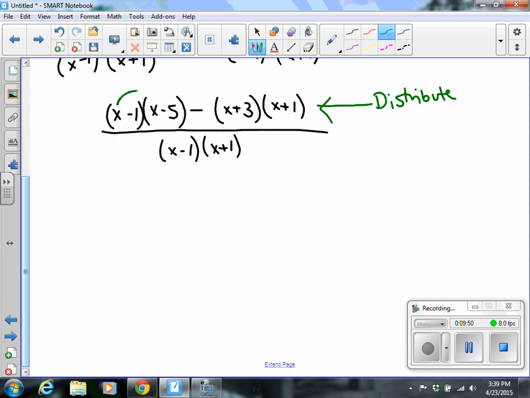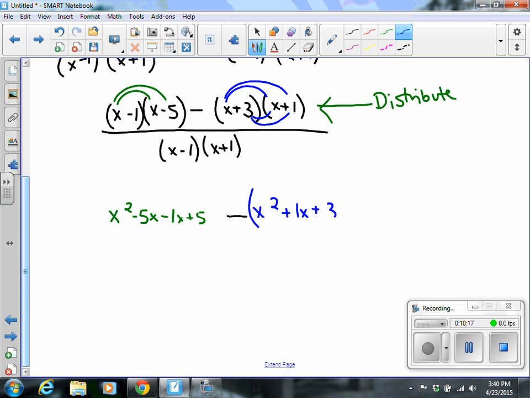So looking at this, I have x squared minus 5x minus 1x plus 5 minus (x squared plus 1x plus 3x plus 3) in that top part.